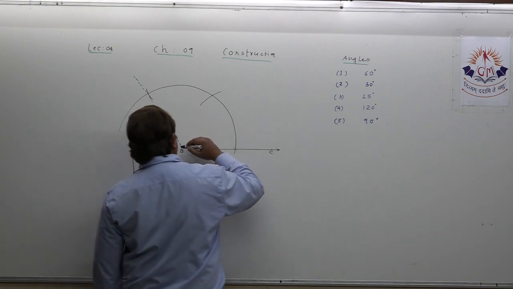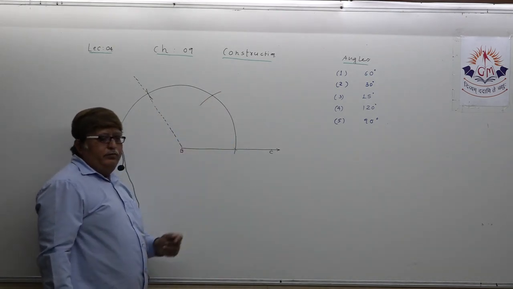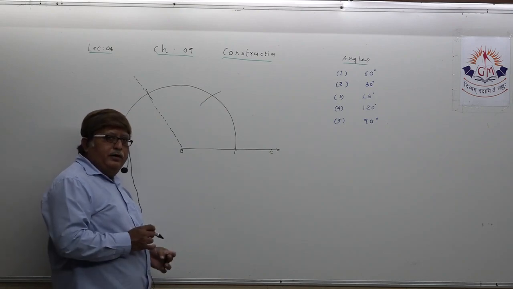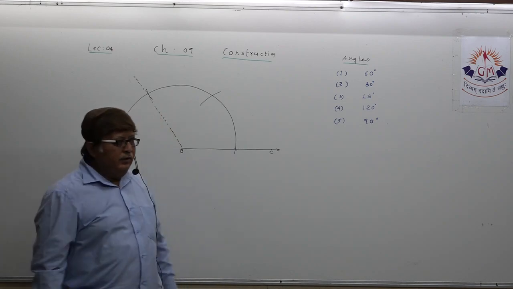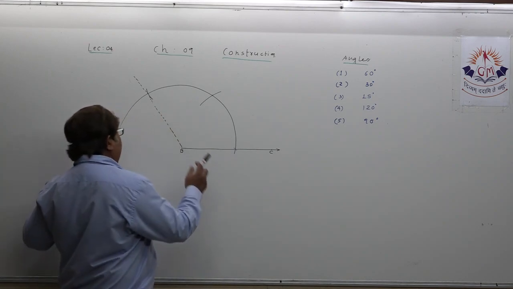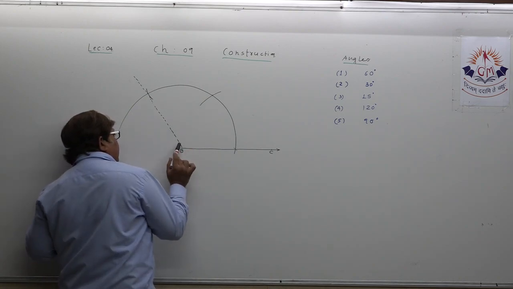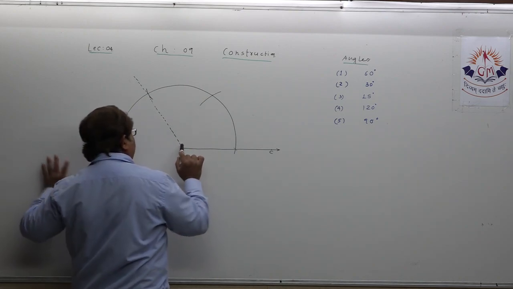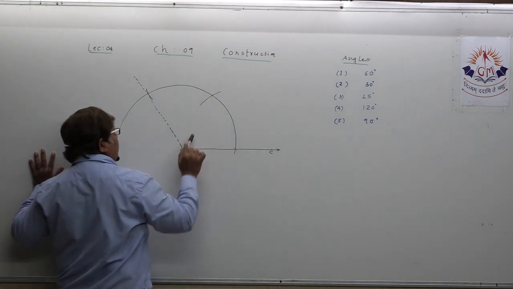This is an angle of 60 degree. This is also not our target. We want to construct an angle of 90 degree, nor we are interested to construct 60 degrees. See, if I join this ray, it becomes an angle of 60 degree.